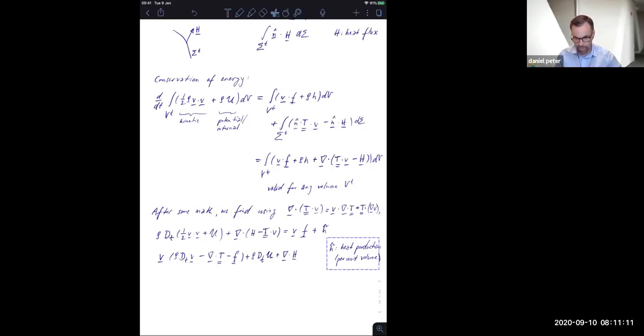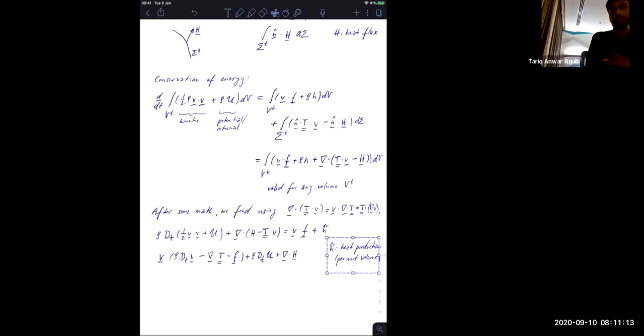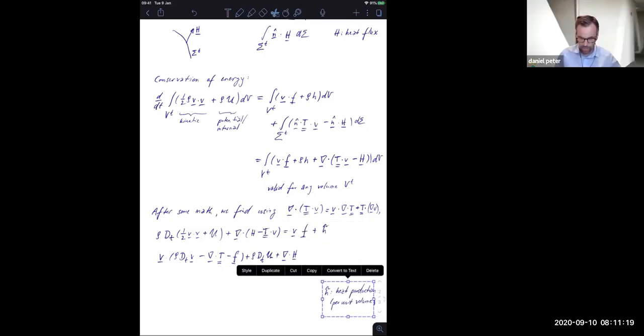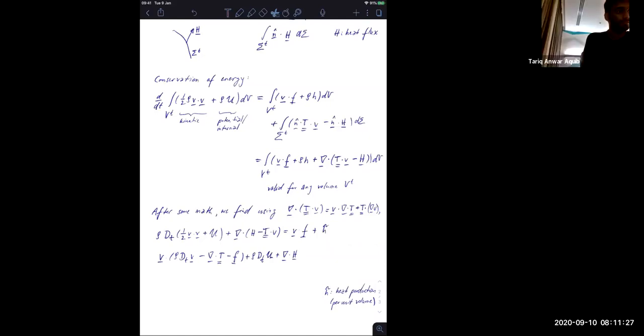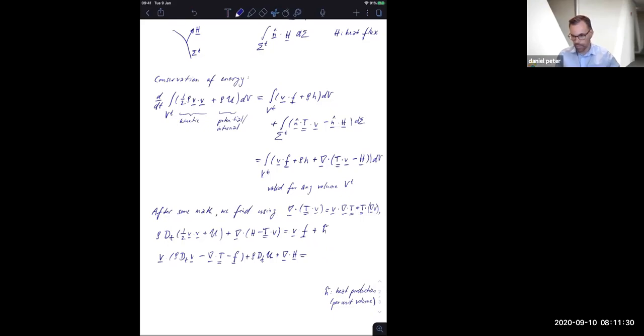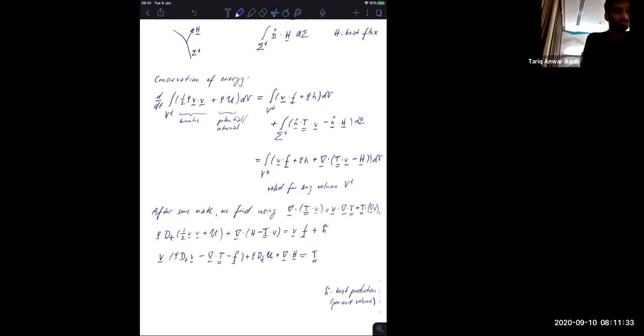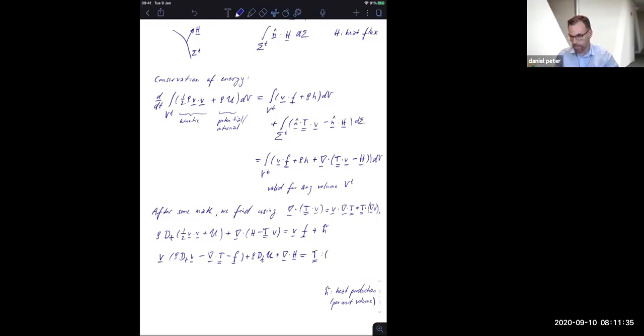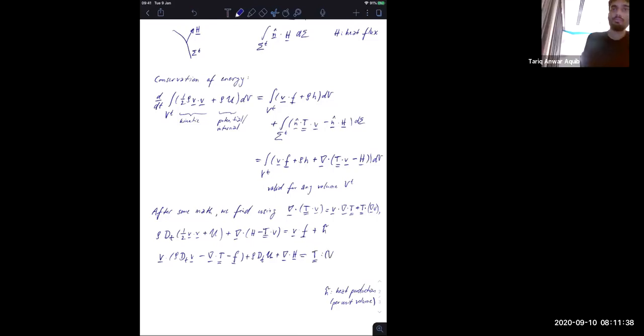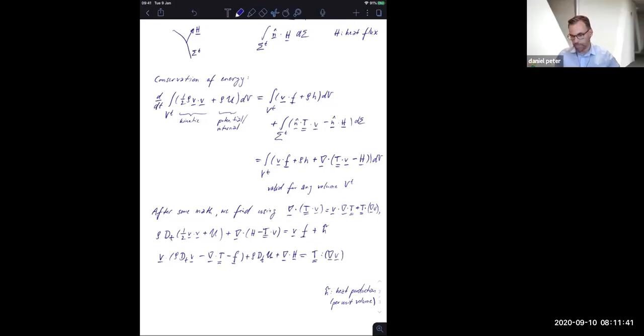Now I'm going to have a problem with this here. Let's see if I can move it down. Good. So this is now equal. What is left is basically the stress tensor with the grad V, plus our H tilde.